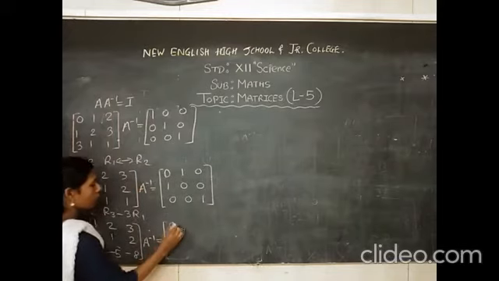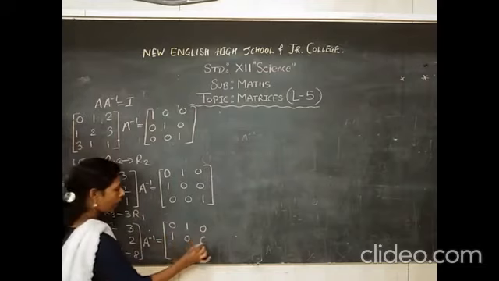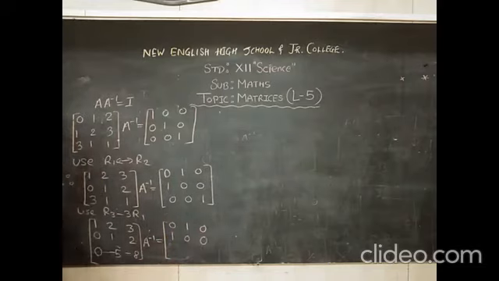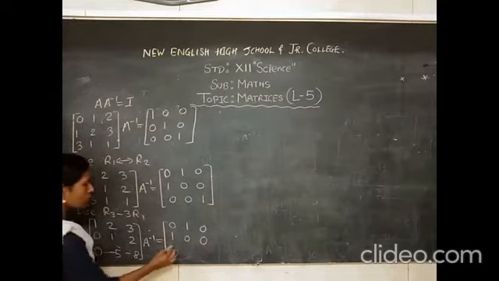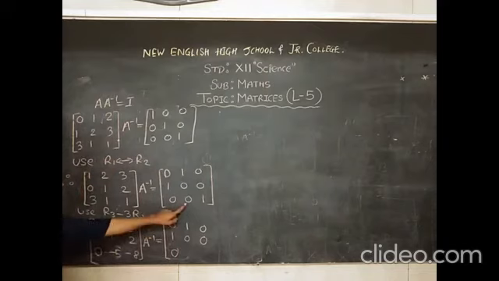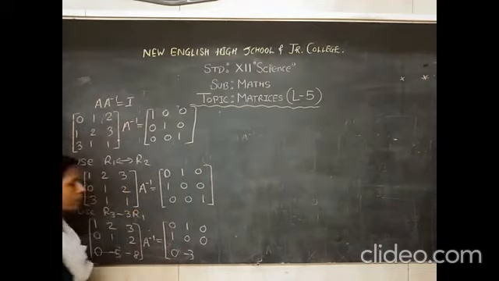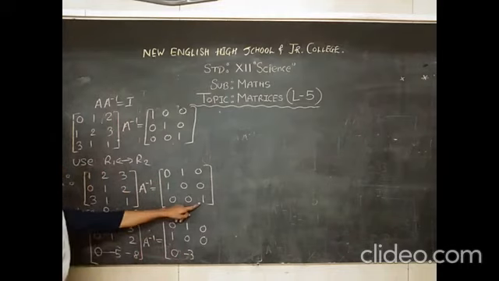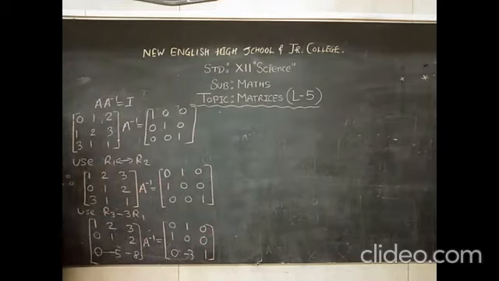Again, row 1 will remain as it is. Row 2 will remain as it is. In row 3, R3 minus: 0 minus 3 times 0, no change. 0 minus 3 times 1, minus 3. 1 minus 3 times 0, no change. It will remain as it is.